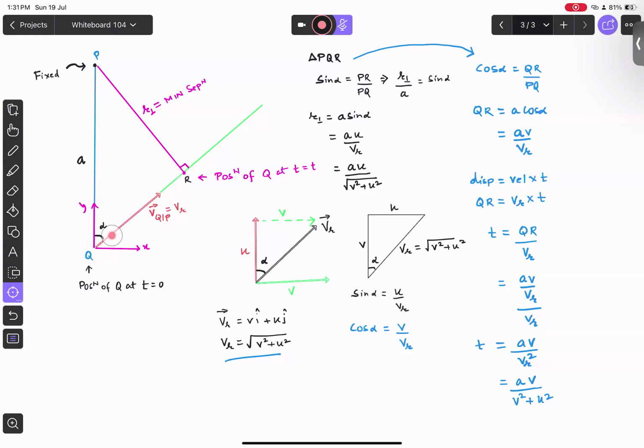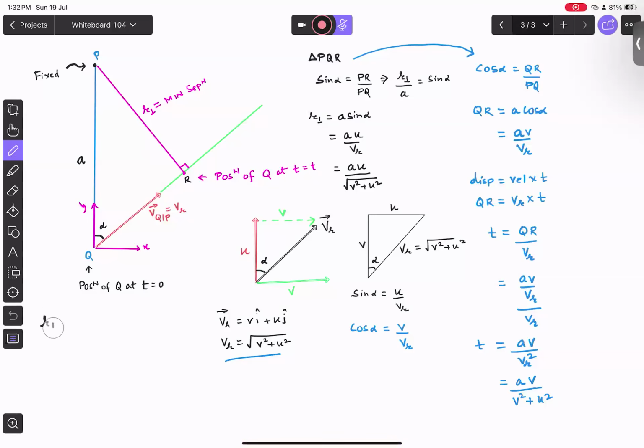When this person Q walking in a straight line like this will be closest to the other person who is stationary P, when he will be at the foot of the perpendicular dropped from P to the line on which Q travels with respect to P. You will write that thing.